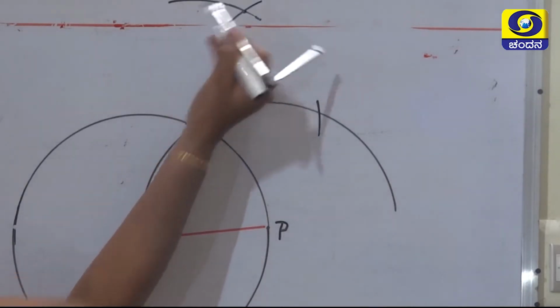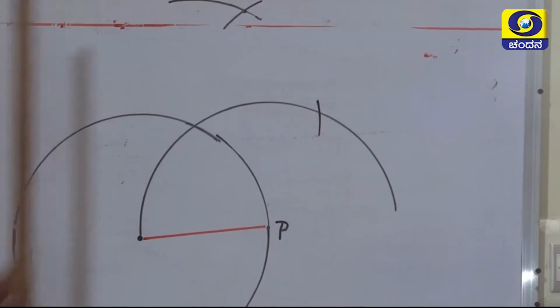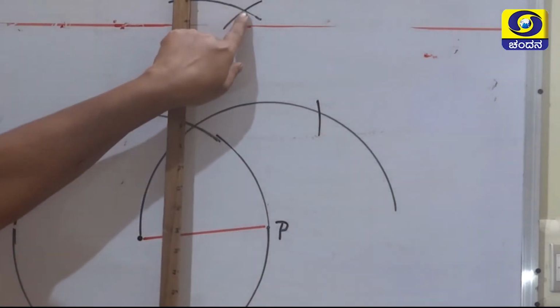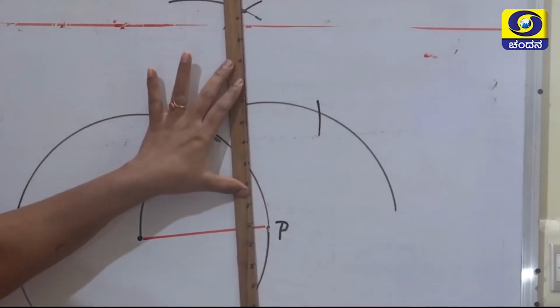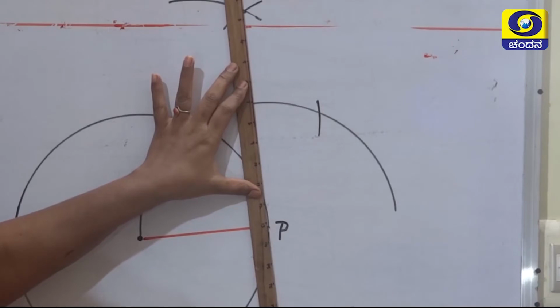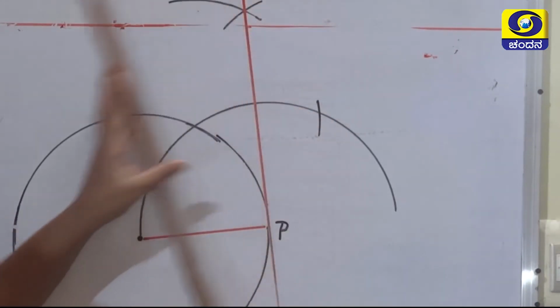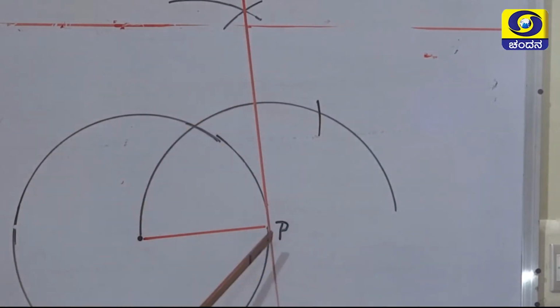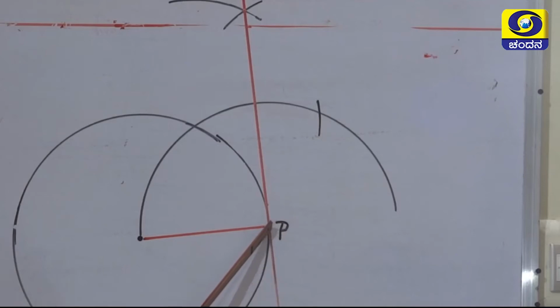This is the point where two arcs are intersected. Now we have to draw the tangent starting from this point, passing through the point P. This is the tangent passing through the point of intersection and making a tangent at point P.